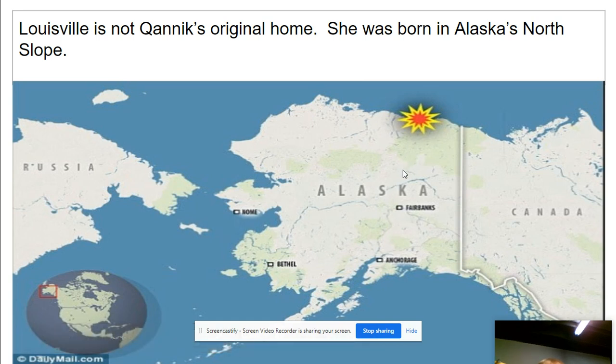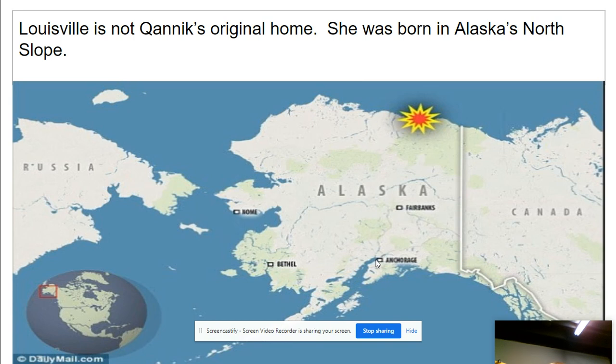I don't think she would have driven there. Probably flown from the North Slope down to Anchorage, and then from there it was UPS, the same company that delivers packages to your house, the brown trucks. They have a lot of airplanes. They flew that cub from Alaska all the way to Louisville, and she was escorted there by directors of the zoo and the veterinarian. They wanted to keep her safe.